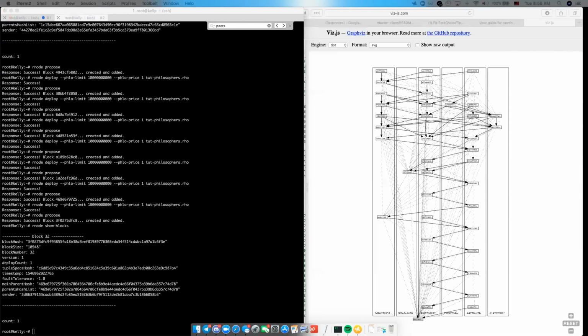I'll wait now for my node to synchronize. I'll try to propose once again with the correct phlogiston limits and price.